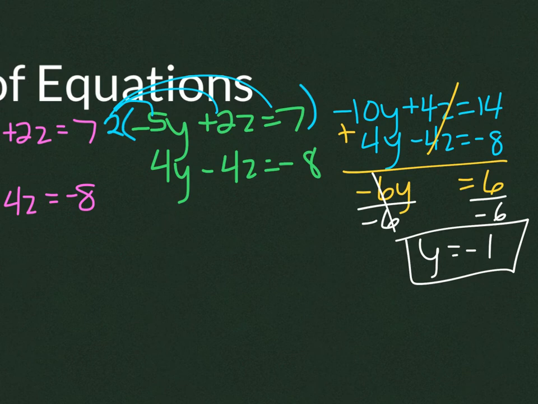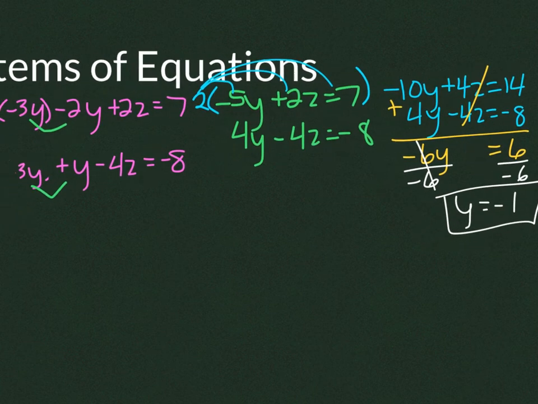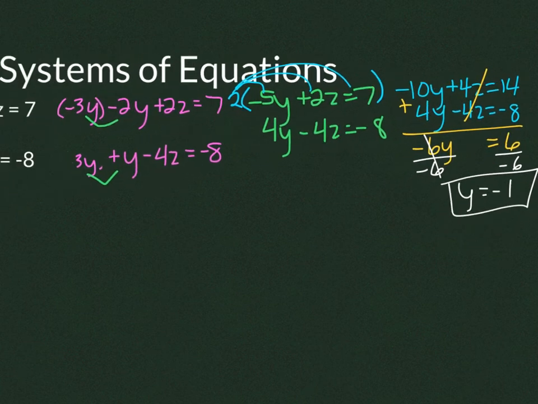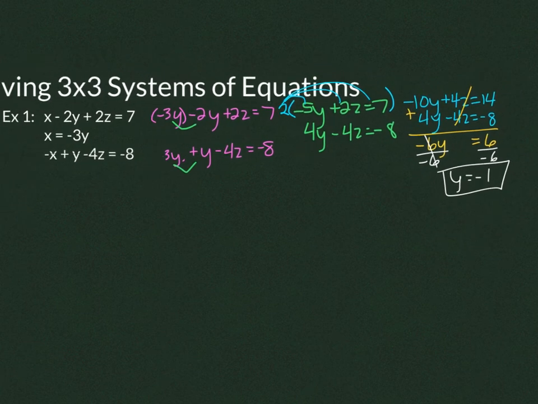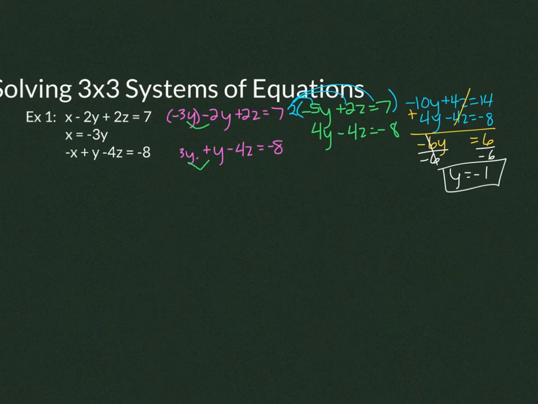So we're just going to work our way back through the problem to find the other variables. So looking at all of this work, I have a couple of options here. I need to find the x and the z. When I look at these green equations, they have only a y and a z, and I already know the value of y, so I could replace my y with negative 1 and solve for z.